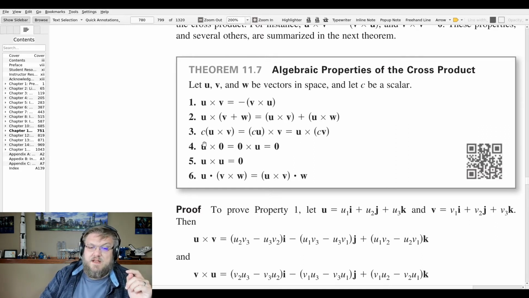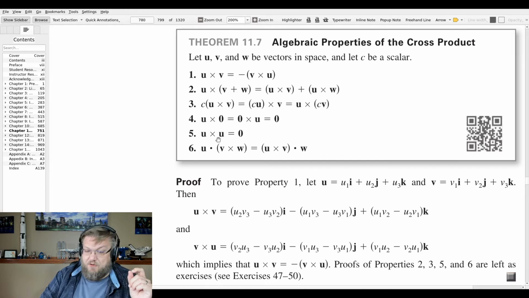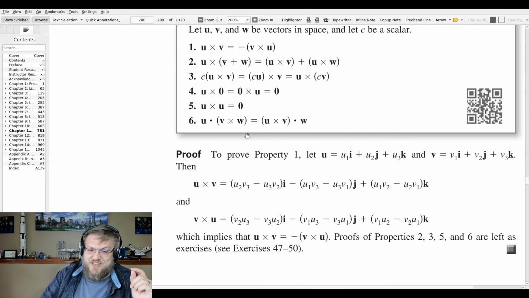Crossing u with 0 gets you the 0 vector. Crossing u with itself gets you the 0 vector. And then here's a really cool rule. This is how the two multiplications interact with one another. If you take u and dot it with the cross product of v and w, it actually equals u cross v dotted with w.